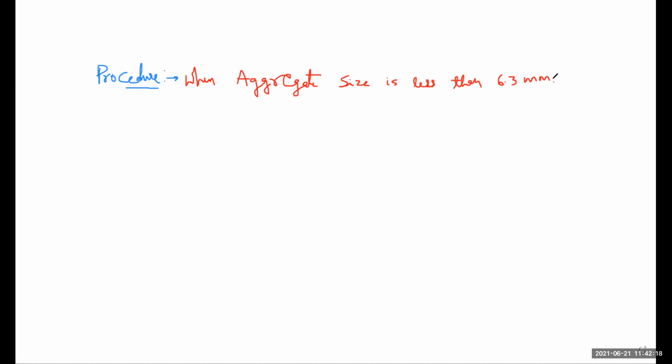A clean dry pycnometer is taken and its empty weight is determined. I already showed you how our pycnometer looks; this is the shape of our pycnometer.